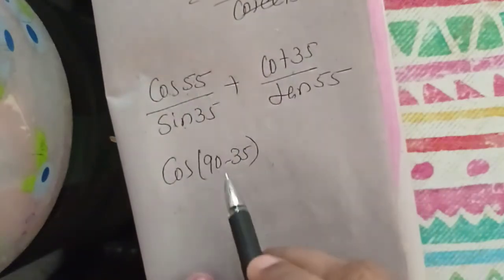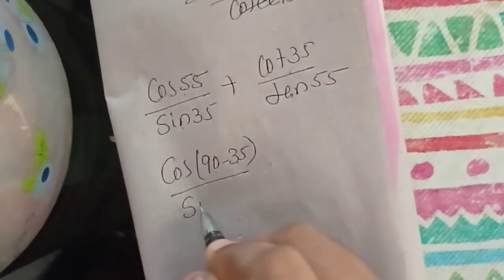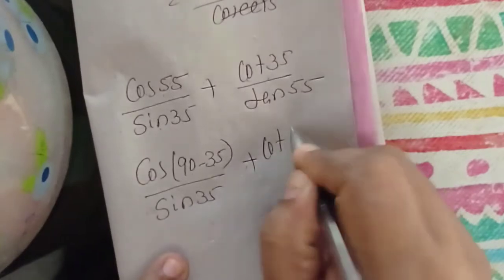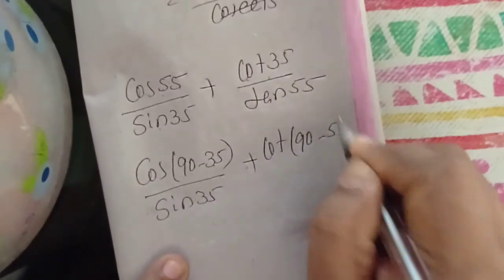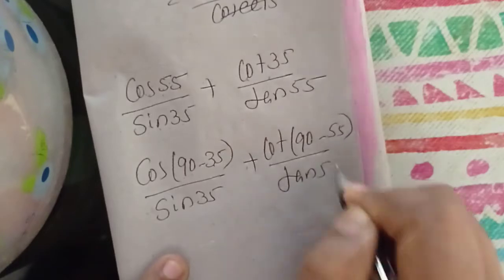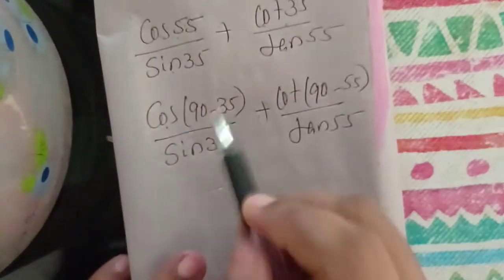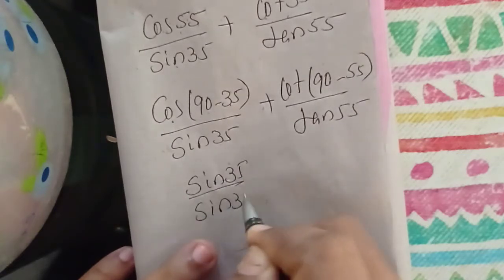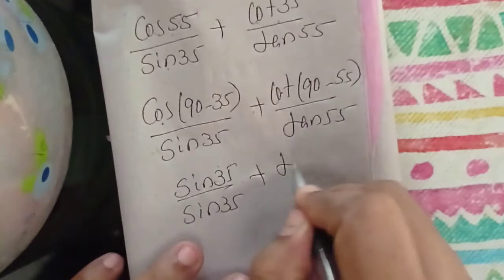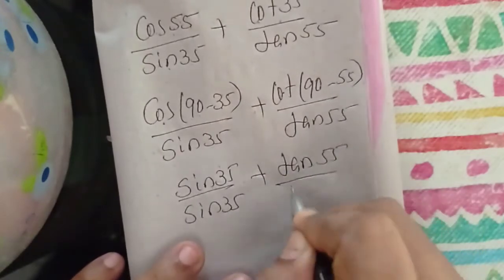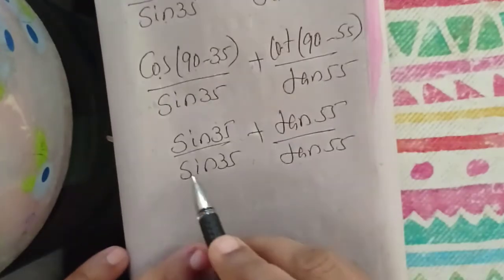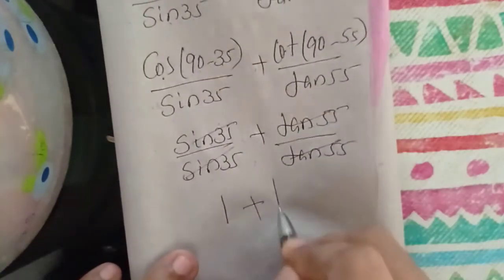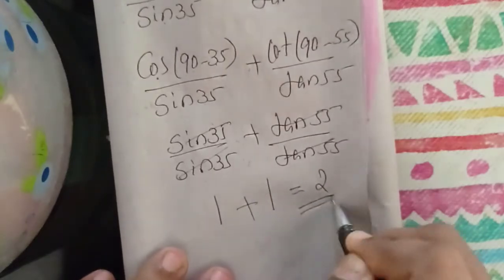Therefore, 55 we can write as 90 minus 35 by sin 35 plus cot 90 minus 55 by tan 55. Agree? Cos changes to sin 35 by sin 35, plus cot changes to tan 55 by tan 55. Sin cancels, you will get 1, plus tan cancels, 1. 1 plus 1 is equal to 2.